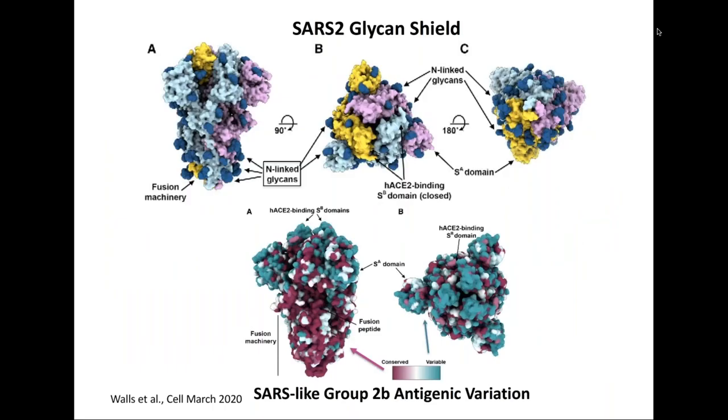This was published by Walls just recently in Cell, who identified the glycan shield that exists on SARS coronavirus, SARS-2 spike glycoproteins. These are shown by the little blue balls that are on the RBD surface exposed binding domains at the top of the molecule, as well as in the NTD and the S2 domains of the protein.